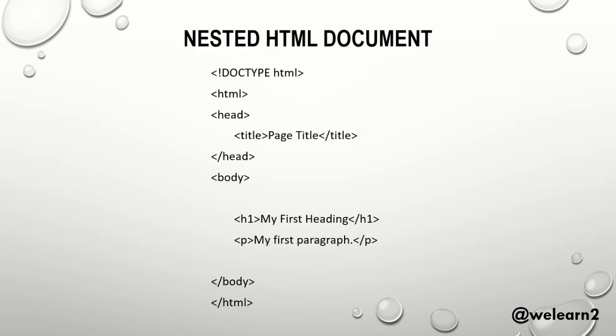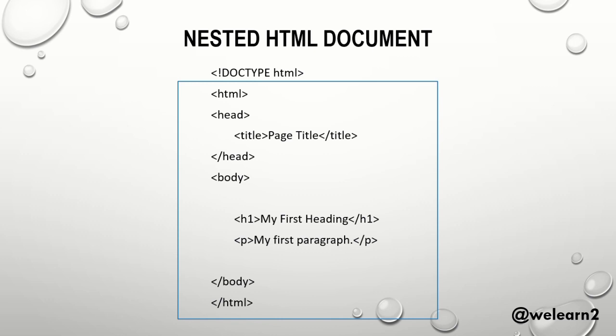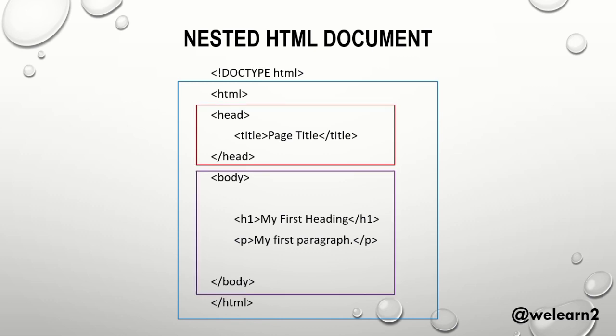Nested HTML document. Let's take this structure for example. We have the HTML element. This HTML element is nesting the head tag and then the body tag. The head tag is also nesting the title element.